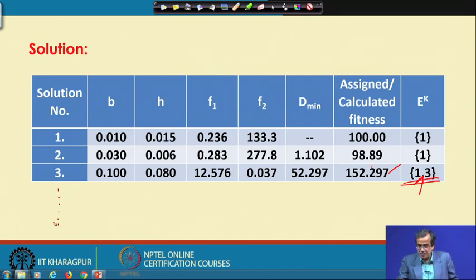Iteratively we can find out that a large number of solutions are going to enter this non-dominated front, and as I told, the size of the non-dominated front is going to increase, and consequently the size of this n 1, on which the GA operators are going to operate, is going to be reduced.